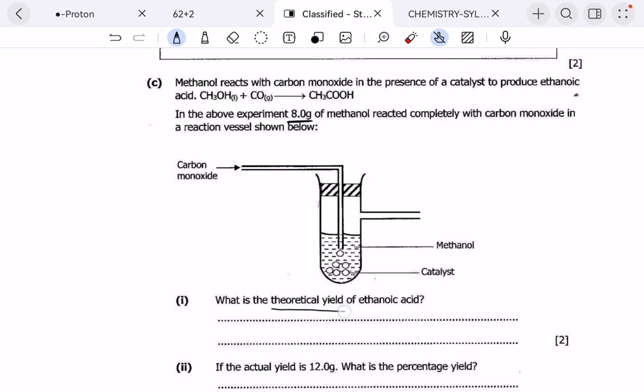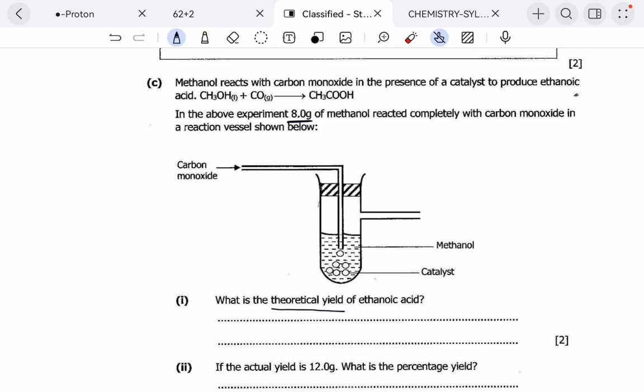In this case, we're being asked to find the theoretical yield. In the above experiment, 8.0 grams of methanol reacted with a complete reaction, carbon monoxide, and what is the theoretical yield?